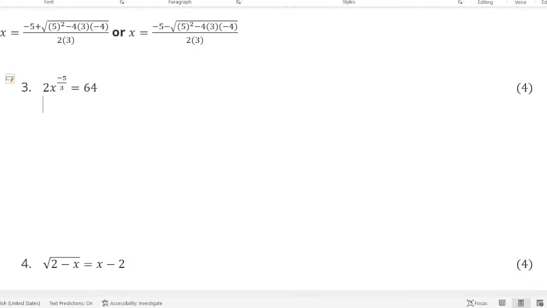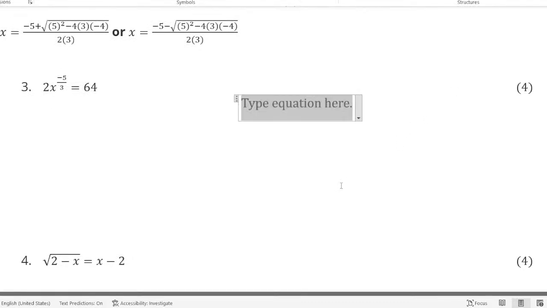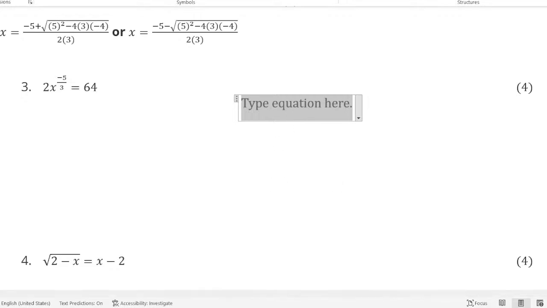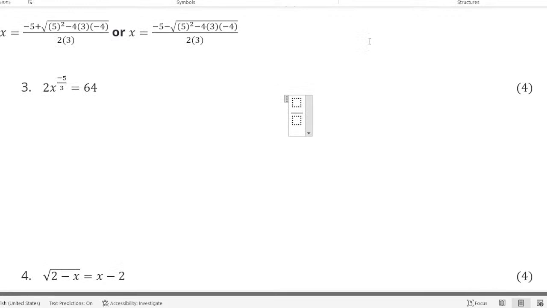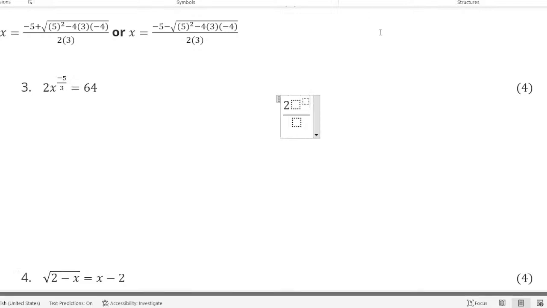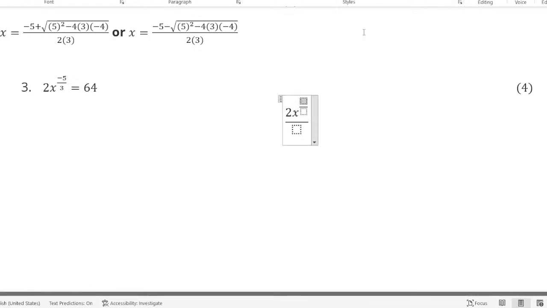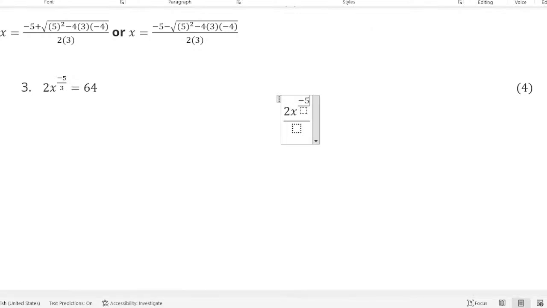So here we have 2x to the power negative 5 over 3, divided by 2.